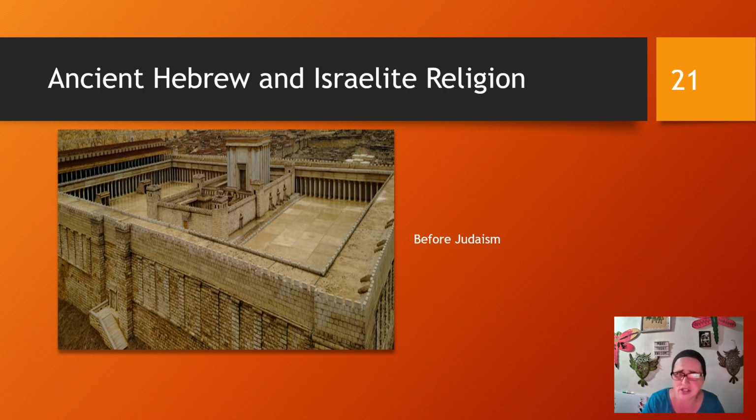So ancient Hebrew and Israelite religion was a lot more like Canaanite religion. It was very fluid, it was sacrifice-based, and it was dodgy in terms of its relationship to monotheism.